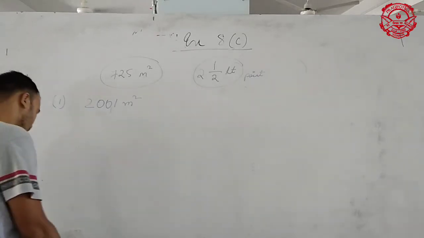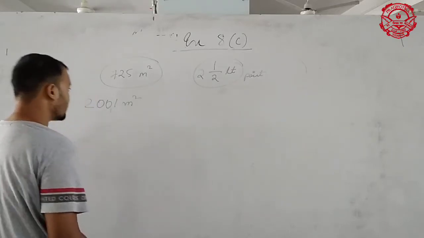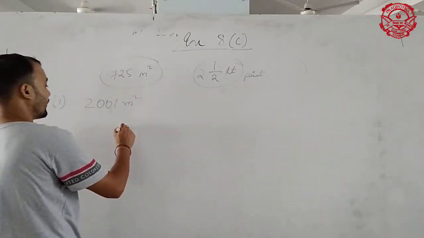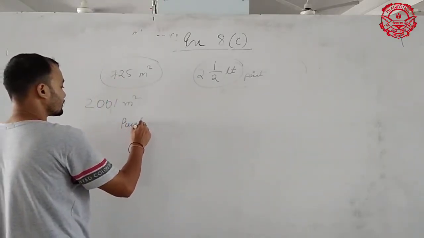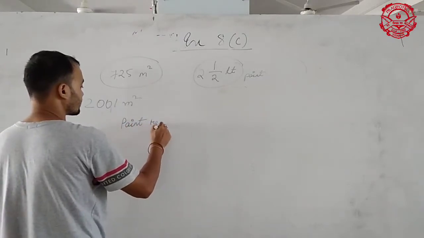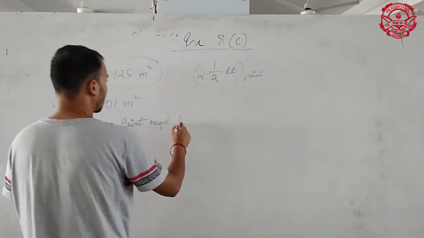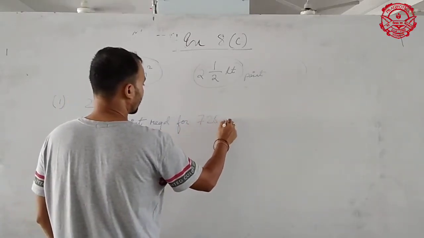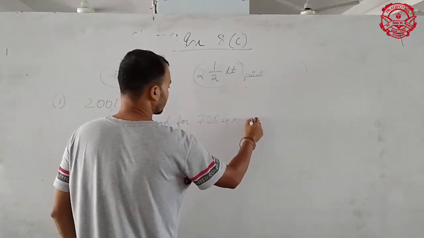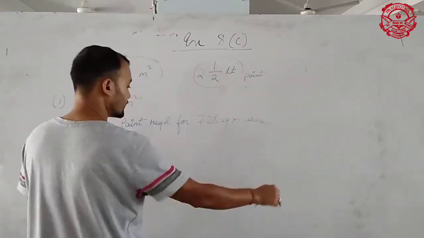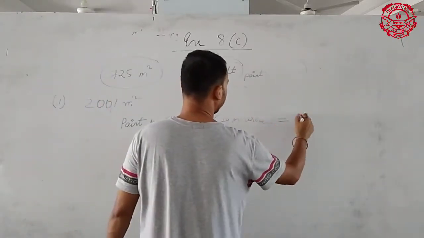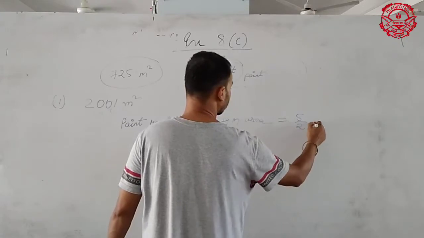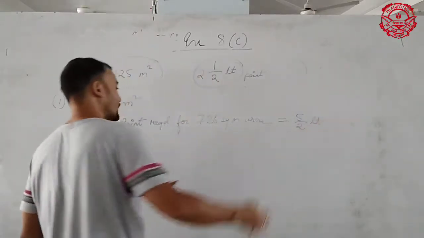Simple, you start doing with the unitary method, right? Paint required for 725 square meter area equal to how much? Equal to 5/2 liter. Okay, I am putting it in fraction.